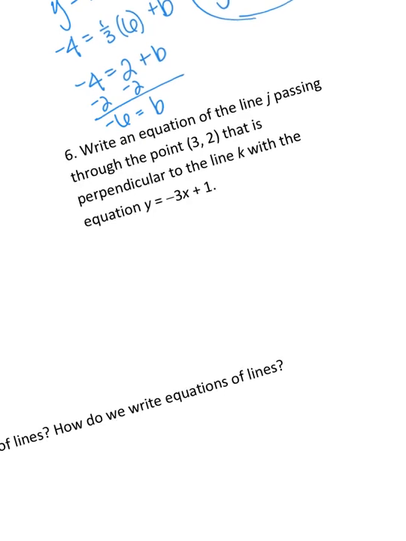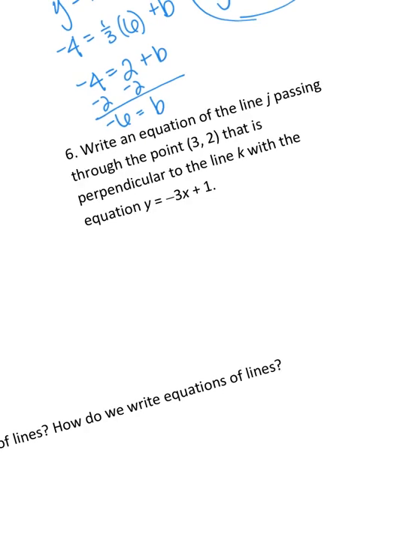Number 6 is similar. We're going to write the equation of a line that passes through the point (3, 2) and is perpendicular to the line k that has the equation y equals -3x plus 1. Okay, so we need the equation of a line, y equals mx plus b. Again, we need to find the slope and the y-intercept to write the equation. We know our line passes through (3, 2), and it's perpendicular. So we're going to look at the slope of this line, which is -3, and our perpendicular slope is going to be the opposite reciprocal because they have a product of -1.